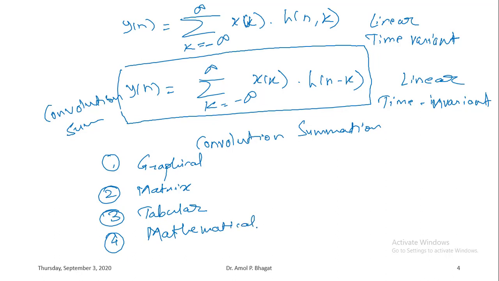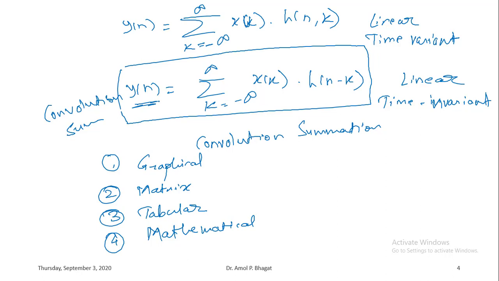We'll go into details of each of these methods in subsequent sessions. Why are we using convolution summation? Obviously to identify the response of the system, that means for analyzing the given discrete time linear time invariant system.